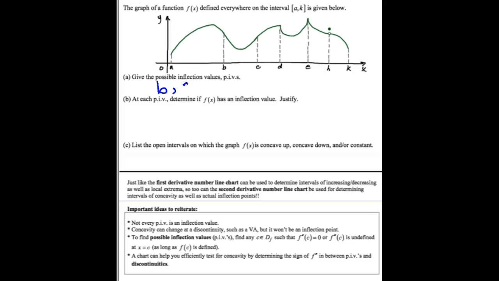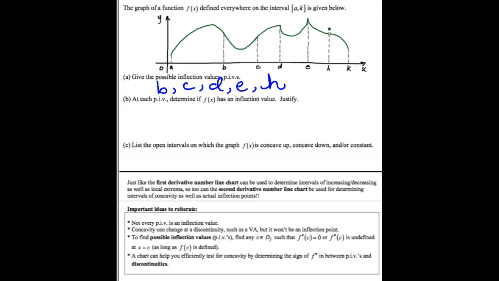At C, concave up to concave down. At D, I appear to have a change in concavity. E would be a possible inflection value. And then H as well. These are all places that appear to have a change in concavity.